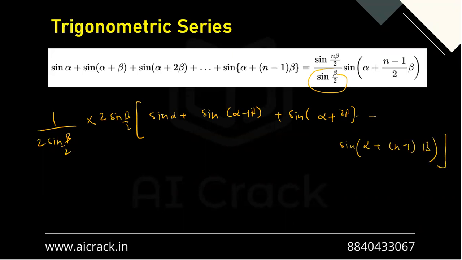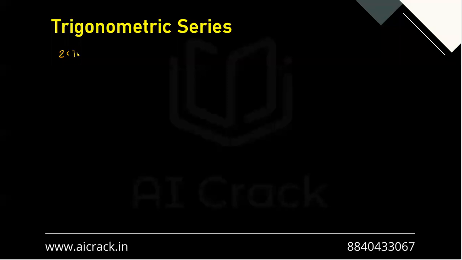Right. Now let's try to club these two. So we have 2 sine beta by 2 dot sine alpha.